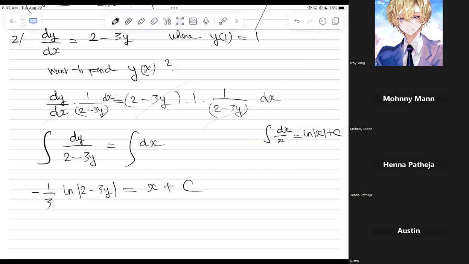It means we already evaluate the integral, but we need to find y, right? How can you find y here? Because on the left hand side I have -1/3, so I can times both sides by -3.